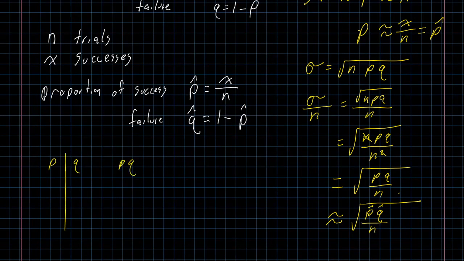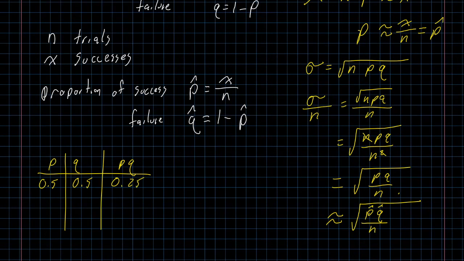To get an idea of what I mean by that, let's just take a couple of values here. If p is 0.5, then q has to also be 0.5. And if you multiply those numbers together, you get 0.25.